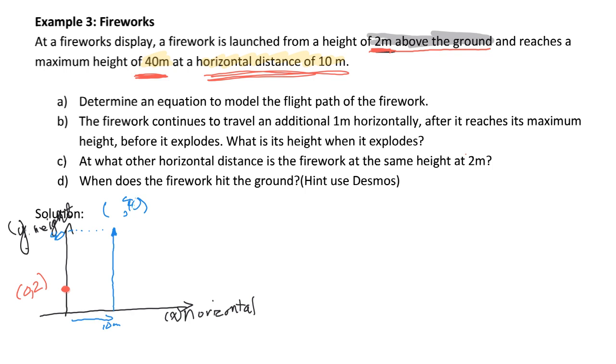Given the fact that our y value is 40, the x value that makes that happen is the axis of symmetry. It's the distance we traveled along the x-axis from position 0 all the way to 10, and up here.